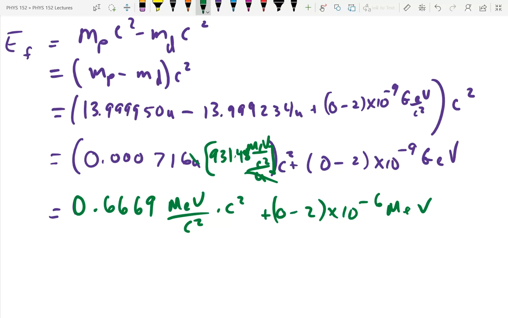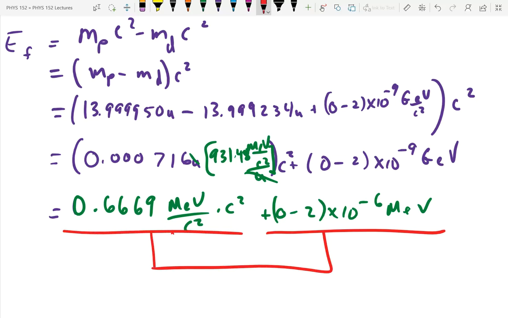And you see, how does this value compare to this value? How does the energy of the neutrino compare to the disintegration energy otherwise? Just asking you to compare two numbers.